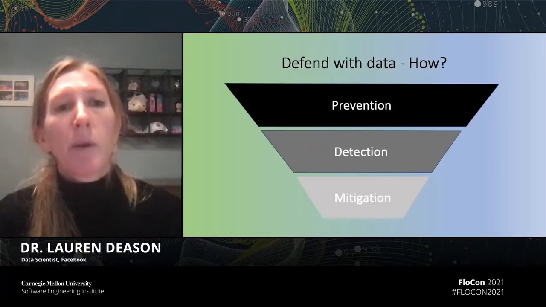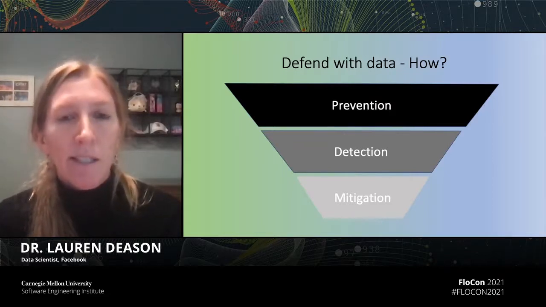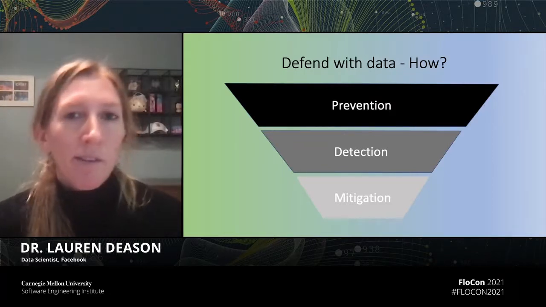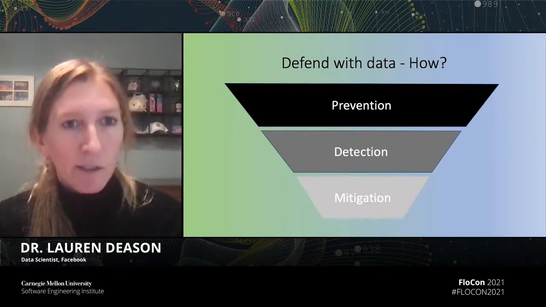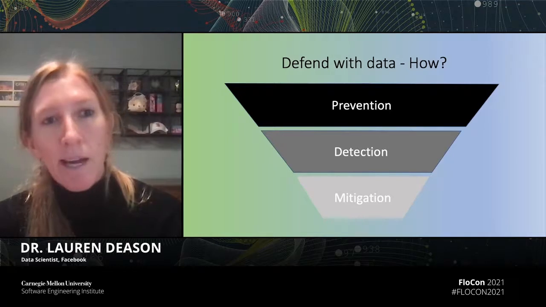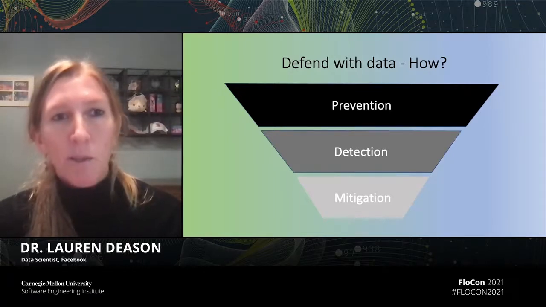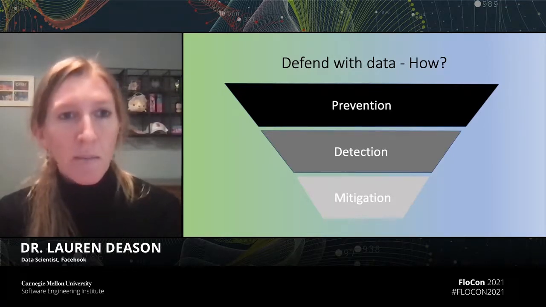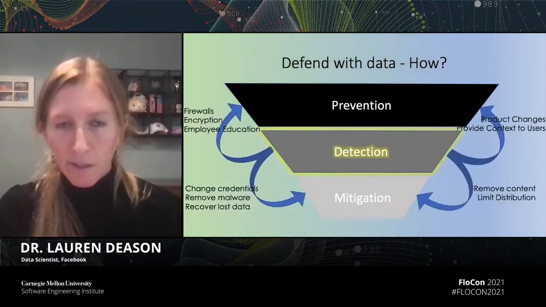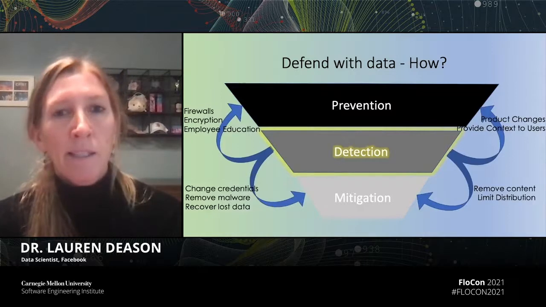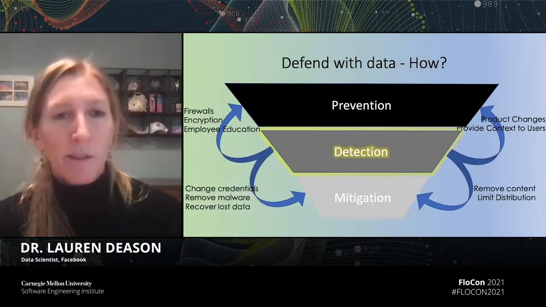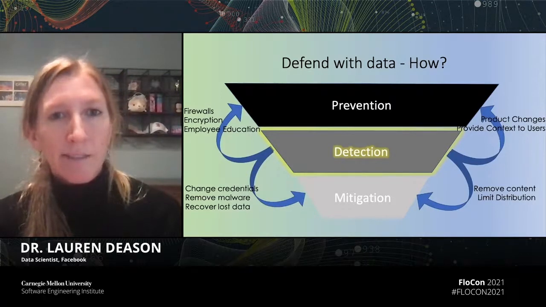Okay. So any defensive strategy using data, I think, can be thought of as this kind of funnel where you're preventing malicious activity, or at least trying to, detecting or developing algorithms to detect what you failed to prevent, and then mitigating against that which you detect. In terms of how we use data to do this, I'm highlighting here detection because I think that's the piece of this where data really shines.